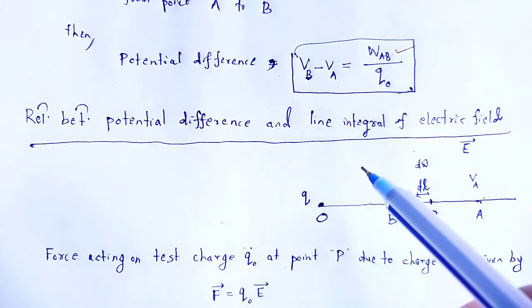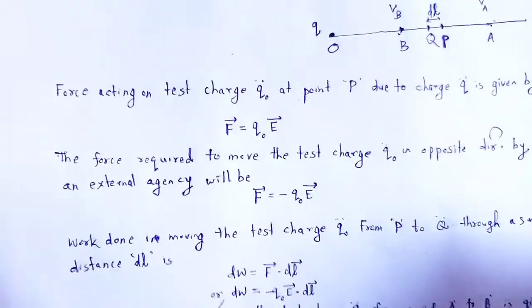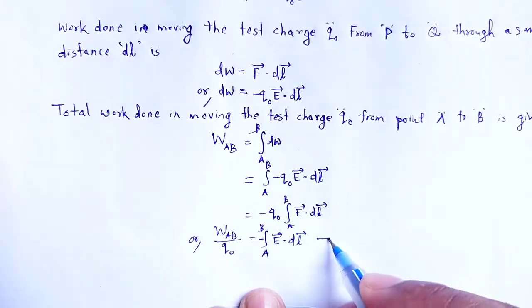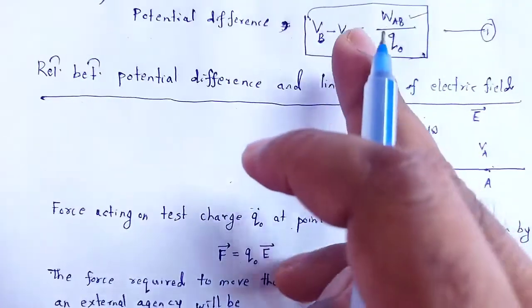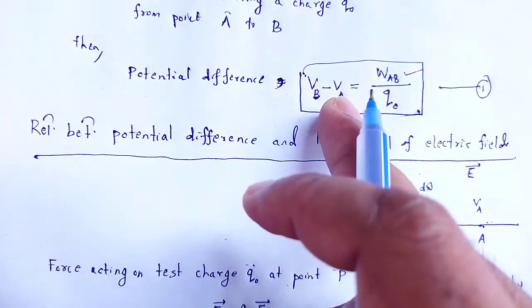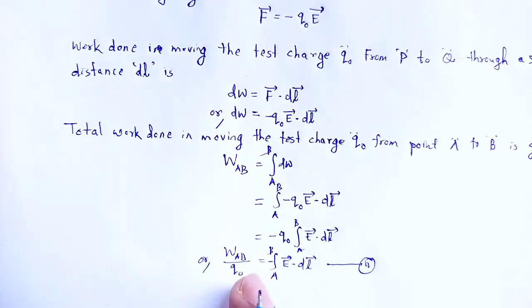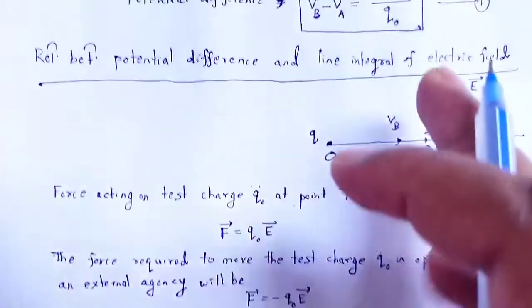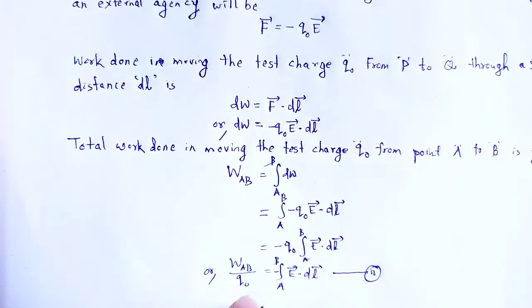Now comparing these two equations, here be the equation number 1 and here be the equation number 2, that is the potential difference between the 2 points A and B. Here also the potential difference between the 2 points A and B. So the right hand sides, its left hand side be the same.